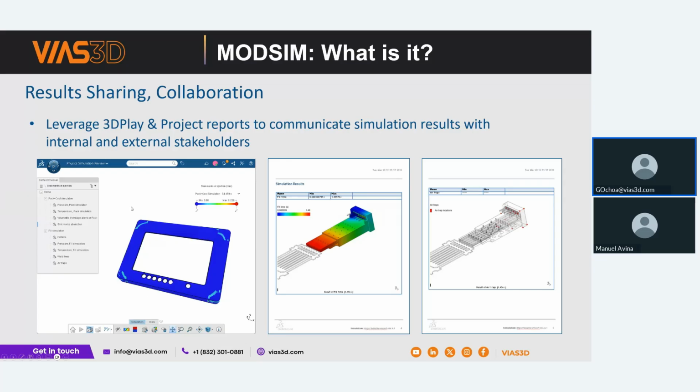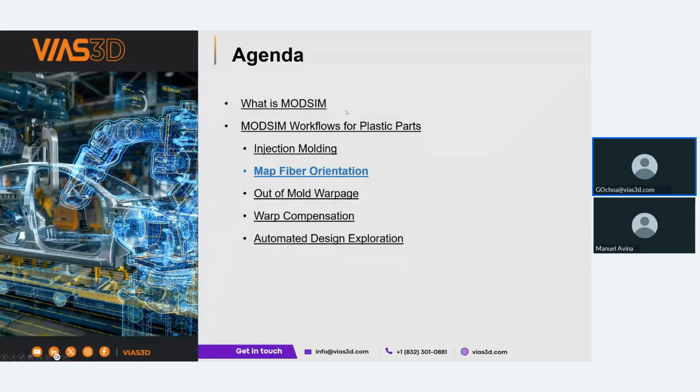This is lightweight result visualization, and also automated reports can be generated. Now, that was the injection molding simulation side of things. That's the step that is going to be giving us the input we need to perform structural simulations, considering the fiber orientation that's coming from the manufacturing process.